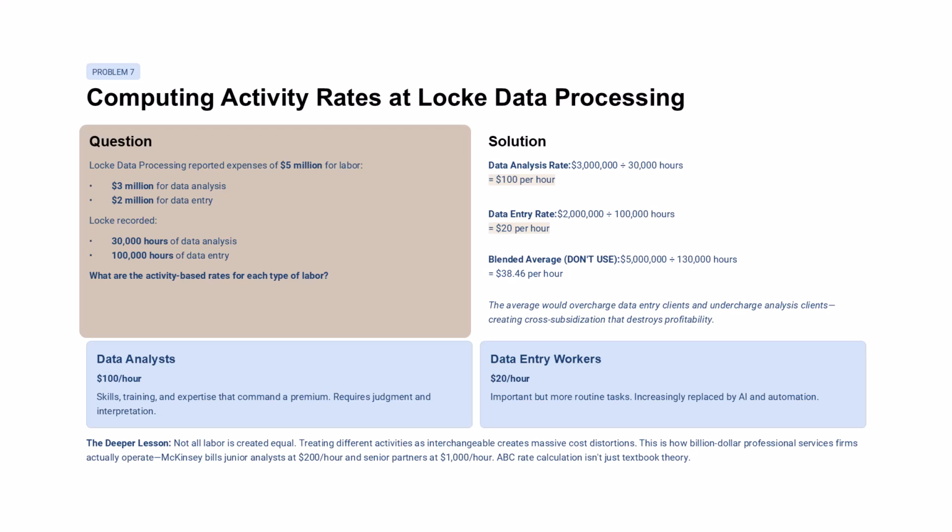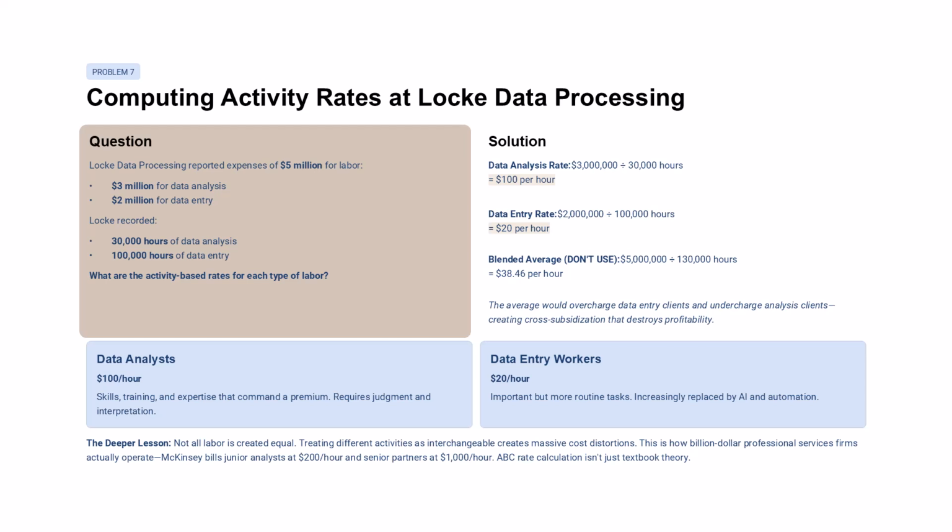Locke Data Processing could similarly lose high analysis clients to competitors who price accurately while retaining only low-margin data entry work. The tech industry lives this reality daily. When you hire contractors on Upwork or Fiverr, rates vary wildly. Basic data entry might cost $5 to $15 per hour from global workers, while machine learning engineers command $150 to $300 per hour.